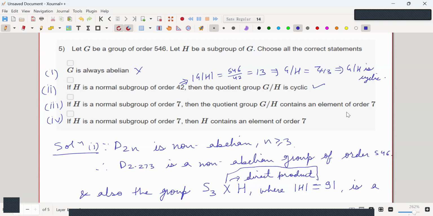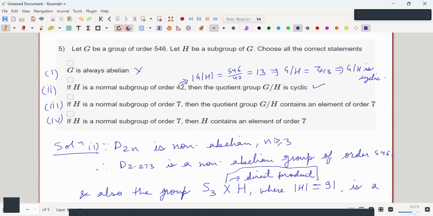What is 546 divided by 7? 78, right? Yes, sir. The order of the quotient group will be 78.